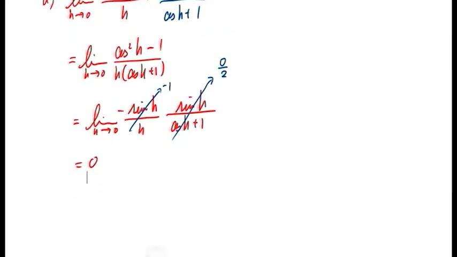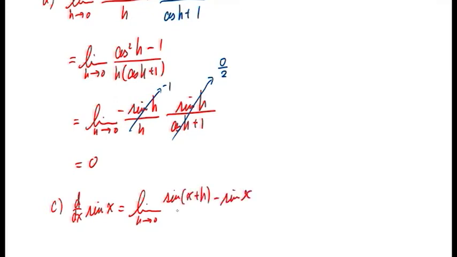So C part here. C part is limit h approaching 0. Oh, let me write down the title. Derivative of sine x is equal to, according to the definition, this is it. Difference quotient, eh? Okay.